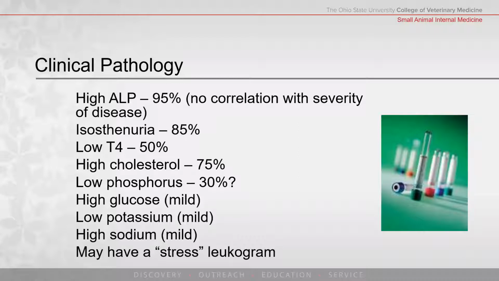A lot of them may have a high cholesterol as well. They might have a high glucose. We know that having Cushing's disease increases the risk of developing secondary diabetes. They may have a low potassium. If they do, it's mild, and it's mainly because of their PUPD. And they usually or may have a stress leukogram, meaning mildly elevated mature neutrophilia, mild lymphopenia.